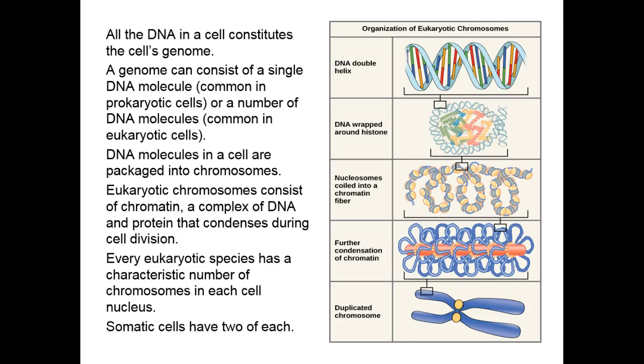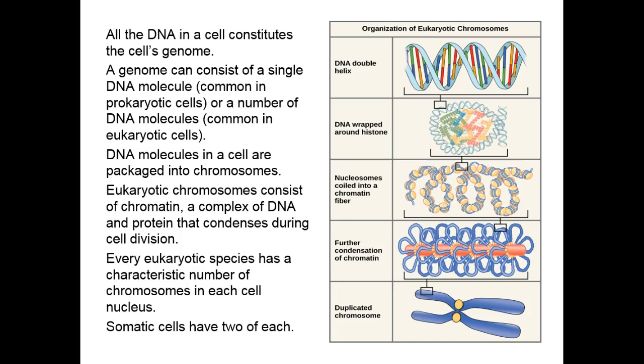We have a human genome that is the sum total of all of our DNA, and a butterfly has its own, and a fly has its own, and a monkey has its own. A genome can be a single DNA molecule that makes up the full complement of the genome, thinking of prokaryotic cells or something simple, or a number of DNA molecules, as in most eukaryotic cells.